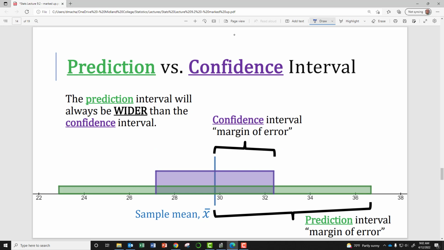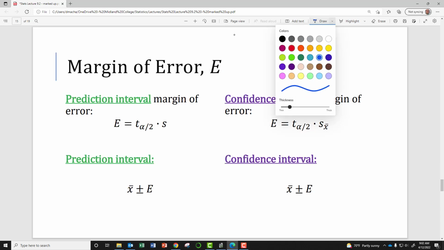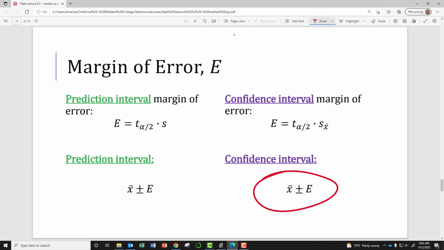So again, the margin of error for the prediction interval and the confidence interval are different, and this is the way to visualize those margins of error. Another way you can represent the confidence interval or the prediction interval is like this. You say x bar plus or minus the margin of error.